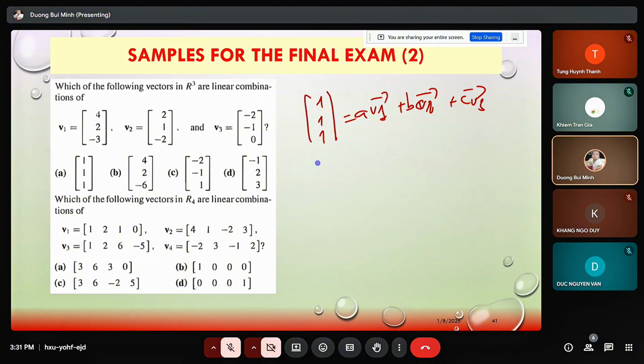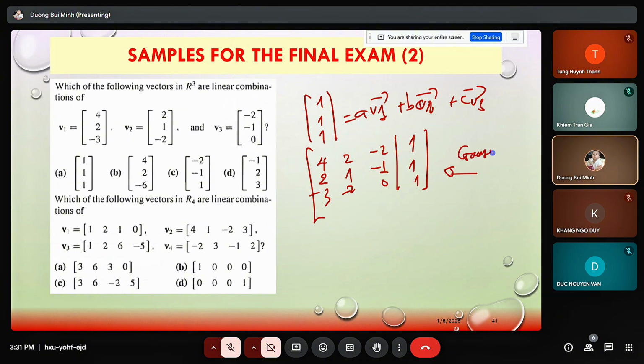You can get 4, 2, minus 3, 2, 1, minus 2, minus 2, minus 1, 0, and 1, 1, 1. This one is the augmented matrix, right? And then we can apply Gauss-Jordan or Gauss elimination. And then if we can get A, B, C, that means we have the solution. And then you conclude that.